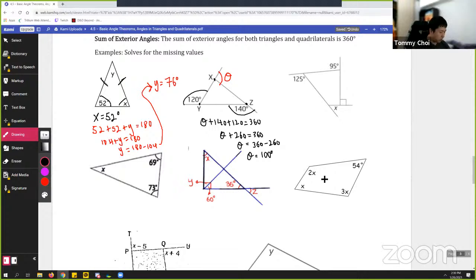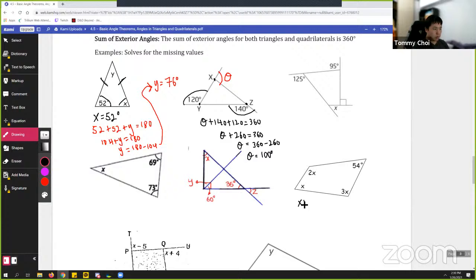Once we have that down, we can solve for the angles using our interior angle theorem. For a quadrilateral, a four-sided shape, all the interior angles add to 360.